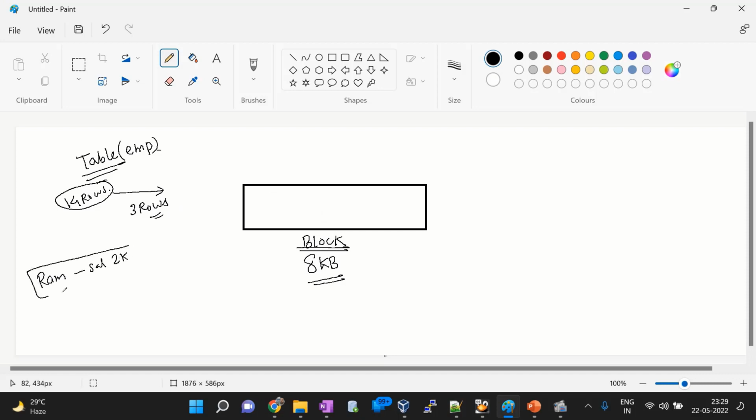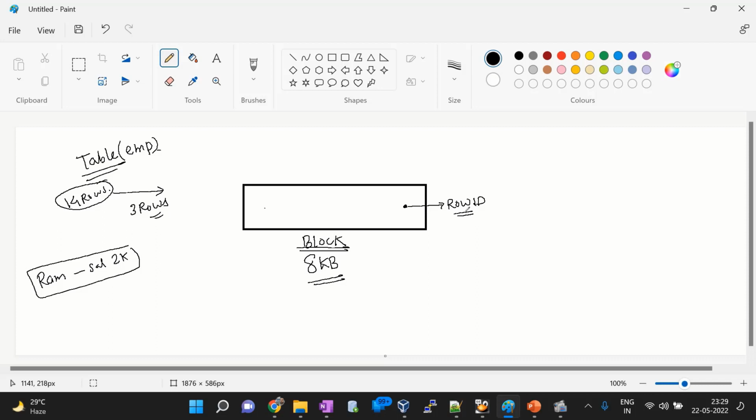This information is stored in this block, which means this block also contains the information of that particular row in the form of a row ID. That row ID is also present in this block.